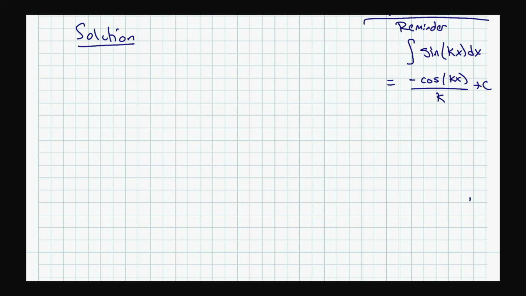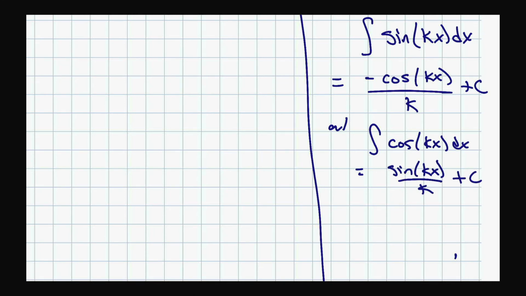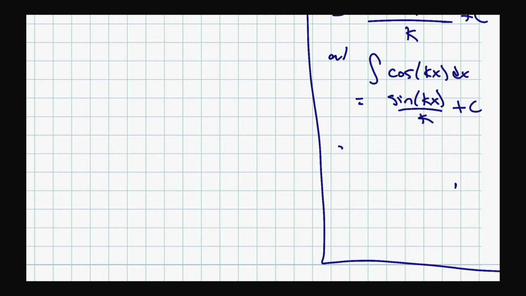Similarly, for anything like this, if you do the integral of cosine kx, you just say the antiderivative of cosine is sine. And so on. If you have an integral of e to the kx, well, the antiderivative of e to the x is e to the x.